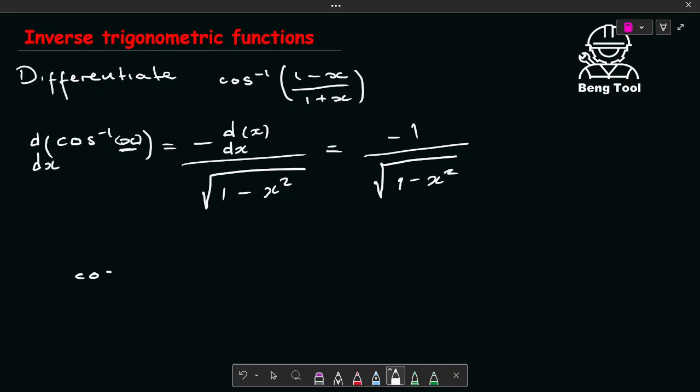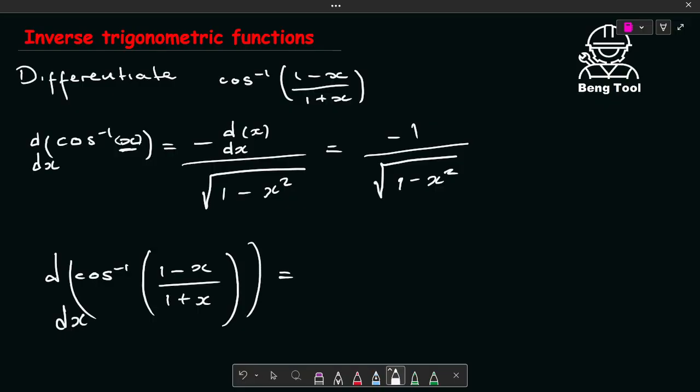Okay, so now this is the concept that we are building upon. We are given cos inverse of 1 minus x over 1 plus x. If we take the differential of this, firstly, we need to differentiate what is inside the cos inverse, which is 1 minus x over 1 plus x.